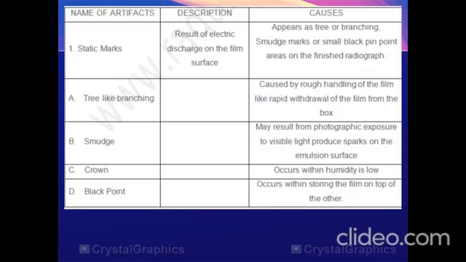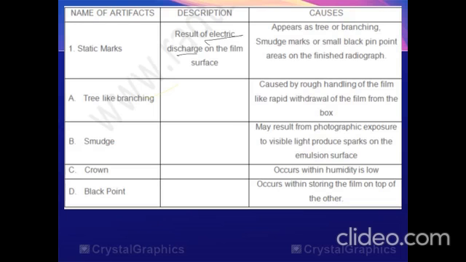Okay, so to summarize the different types of artifacts, their description and causes, as well as may mga additional tayo dito. So, ito yung table, which is also nasa copy nyo din. So, static marks, as I have mentioned, electron build-up or the result of electric discharge on the film surface.